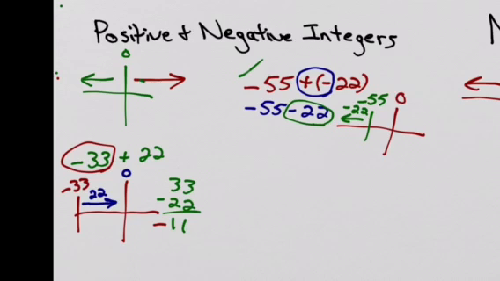So if we are moving away from 0, and if we move away from 0 on the left-hand side, we know the absolute value is going to become greater. We can conclude that negative 55 minus 22 will be added together to get the results. Therefore, 55 plus 22 is 77. They are both negative. Therefore, the answer remains negative, and we end up at negative 77 on the number line.